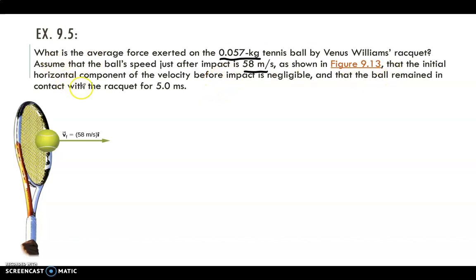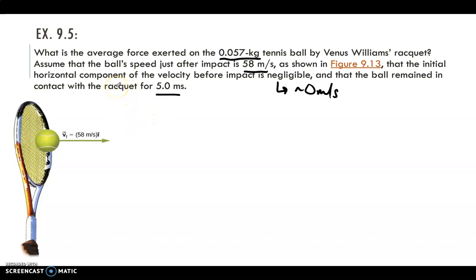That the initial horizontal component of the velocity before impact is negligible, meaning it is about 0. And that the ball remained in contact with the racket for 5.0 milliseconds.